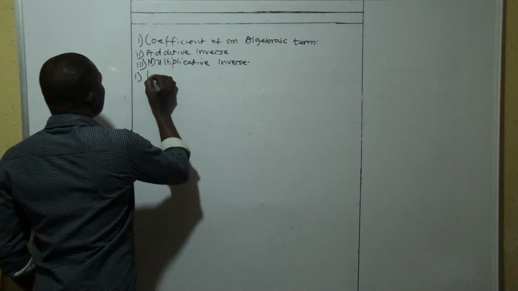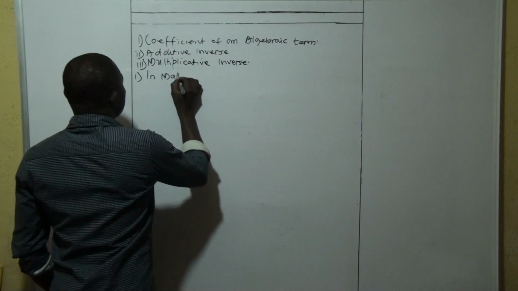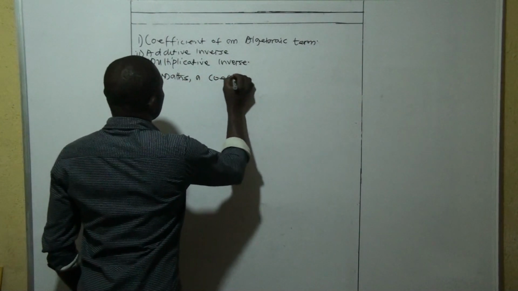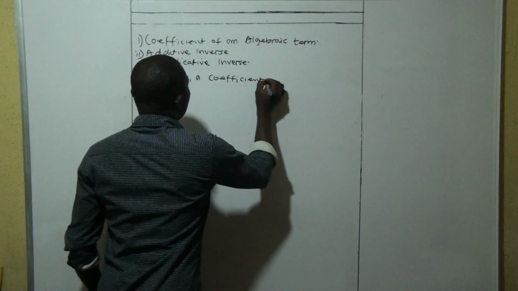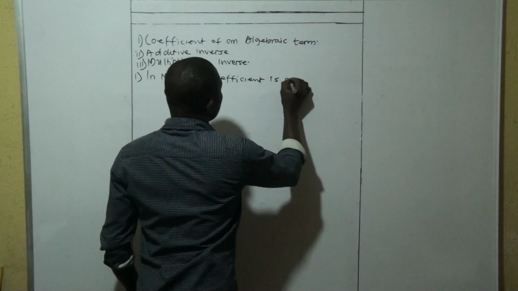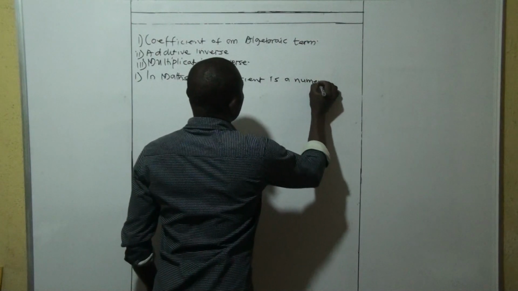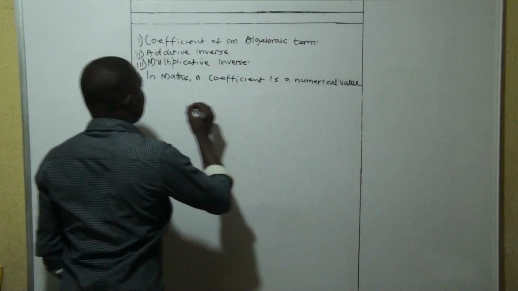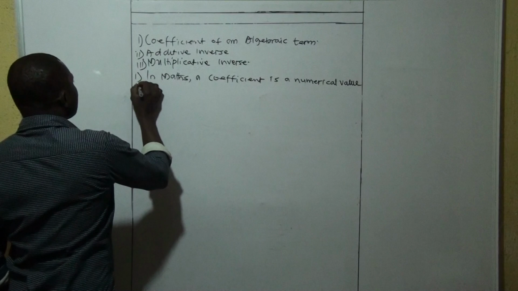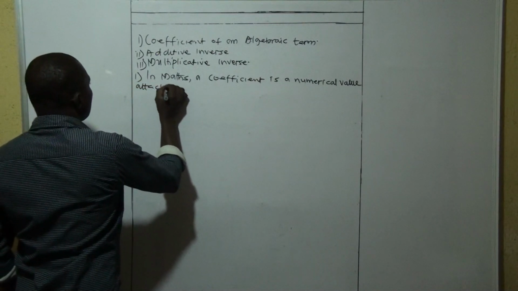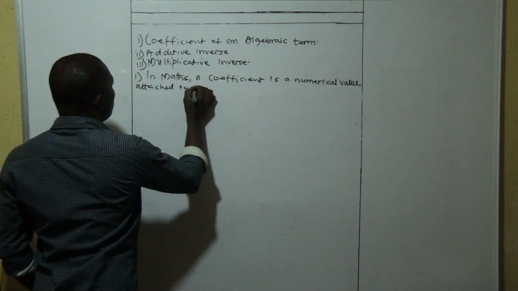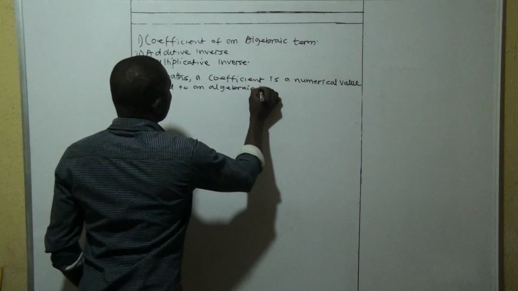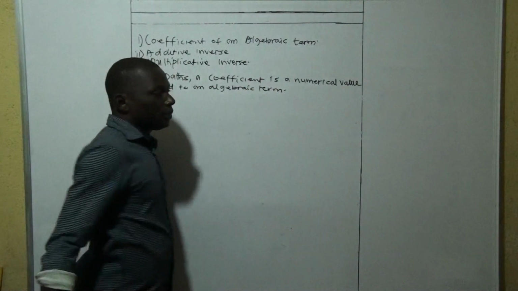Now, in mathematics, in maths, a coefficient is a numerical value attached to an algebraic term.